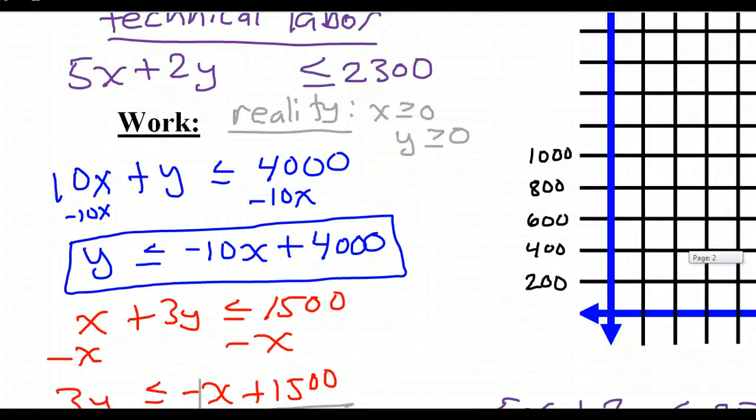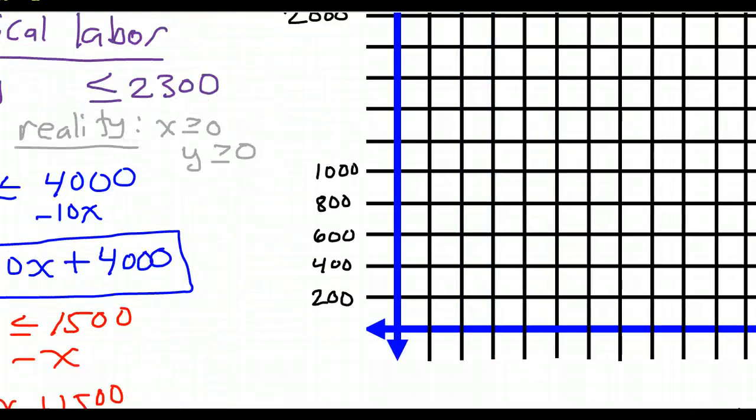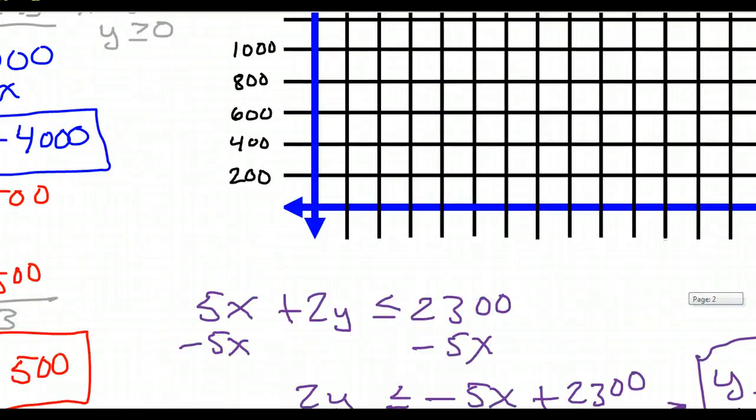All right, and I'm going to do the same thing along this axis. It's going to be a little harder, but this is 200. All right, 400, 600, 800, 1,000.